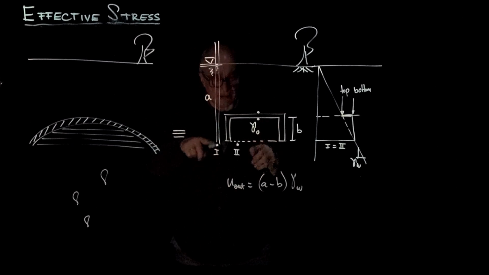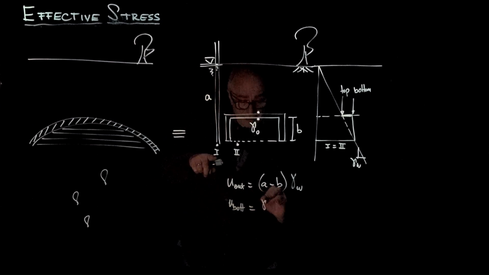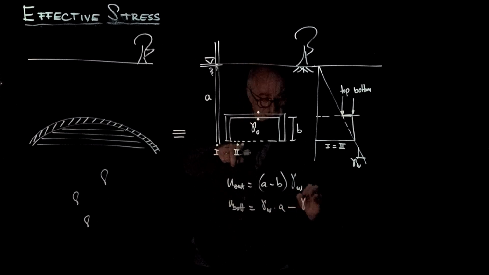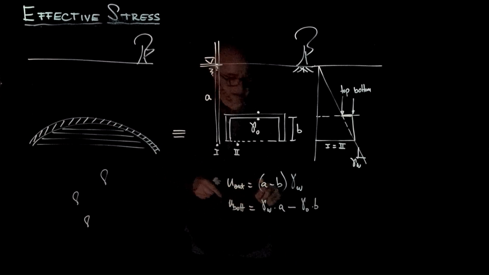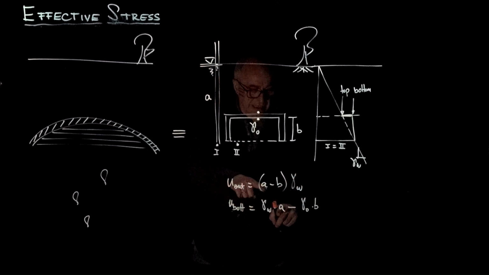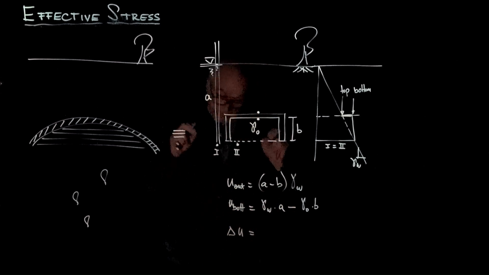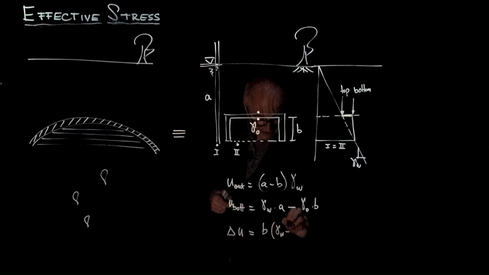Now coming from the bottom, it is going to be gamma water times A. This is the pressure here, minus gamma oil times B. And the difference between the two is, gamma water A will cancel out, and so the capillary pressure that the seal has to resist is B, the column of oil, B times (gamma water minus gamma oil).